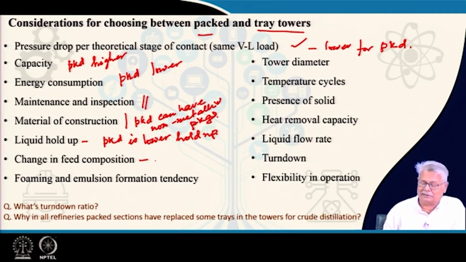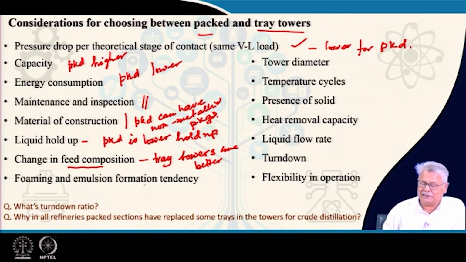Tray towers are better with respect to this point. So, I can straight away write tray towers are better equipped, because we can have alternate feed locations.